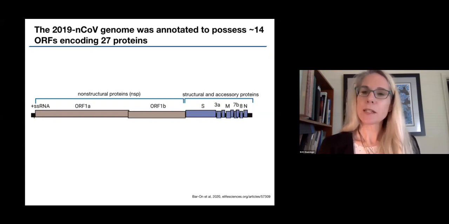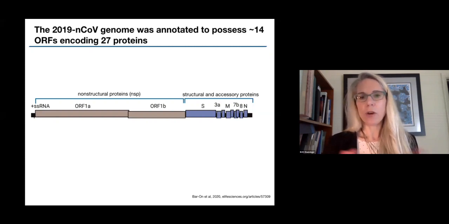But first, let's take a look at the overall structure of the coding information on the viral genome. You'll note that in brown on this diagram of the viral genome is a really giant open reading frame that encodes all of the non-structural proteins.